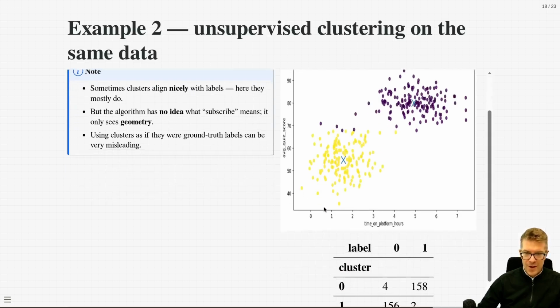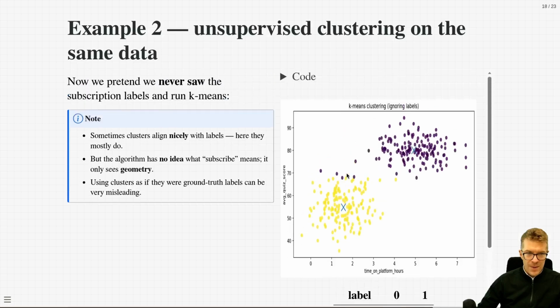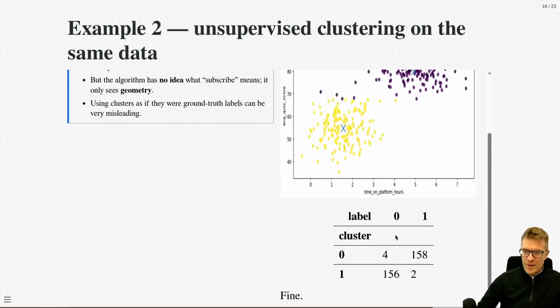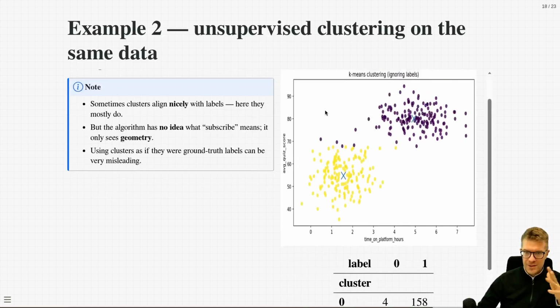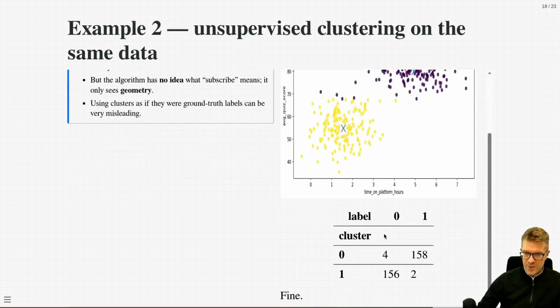The algorithm has no idea really what subscribe means. It only sees the geometry. But it seems to do mostly a good job. These big X's here represent more or less the centroids, or the centers, of these clusters. We can quickly get another confusion matrix, I think this code actually generates one, which compares a cluster label against the true label.